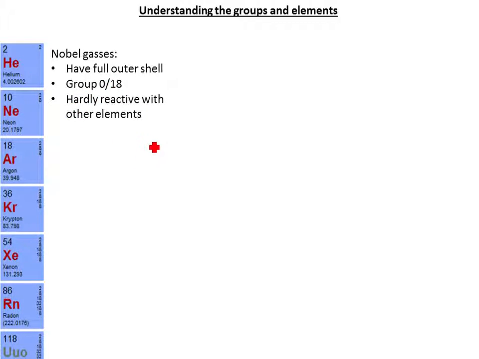And they don't really react, because when an element reacts, it's more about the electrons being shared around and thrown away and all those kind of things, which we'll learn about too. But they just don't react because they've got a full outer shell and they're perfectly fine with it.